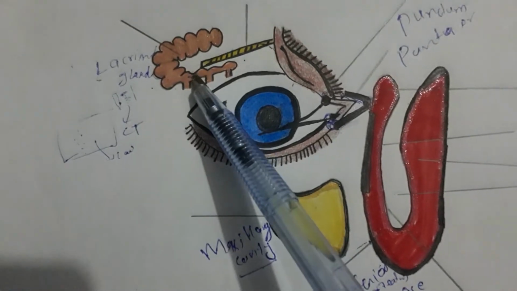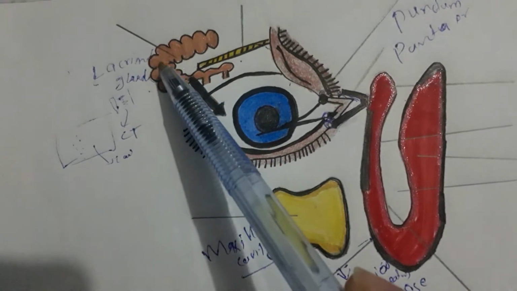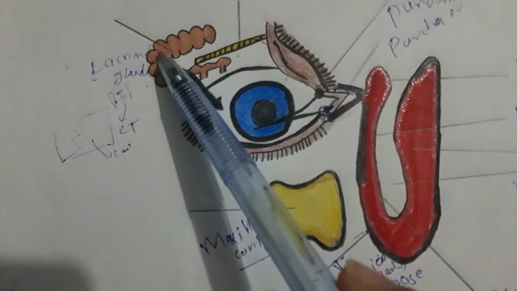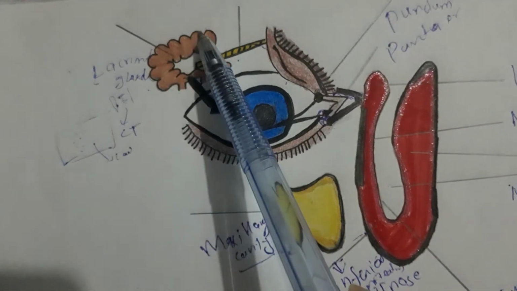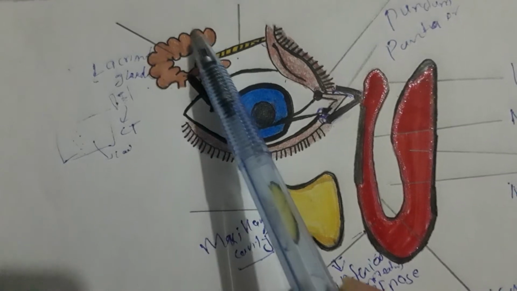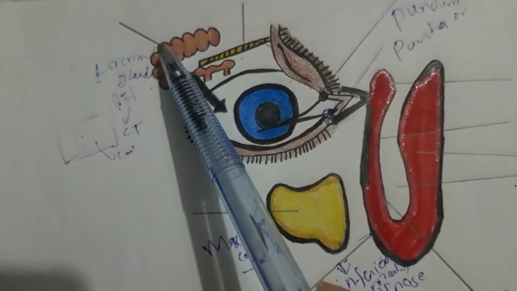The upper part, the orbital part, is almond shaped, and superiorly it is convex and attached to the bones.